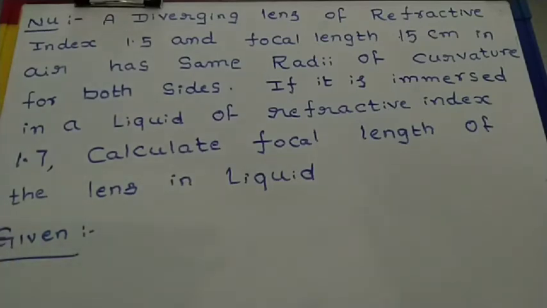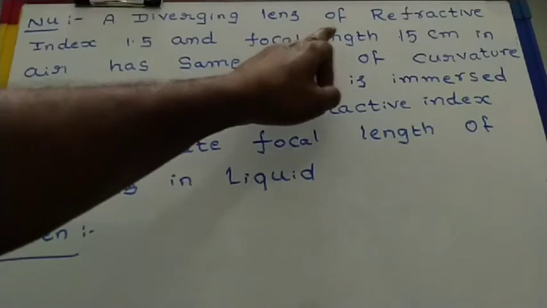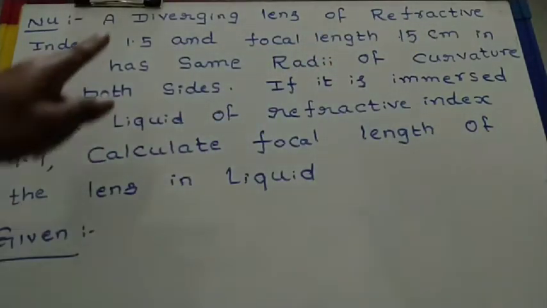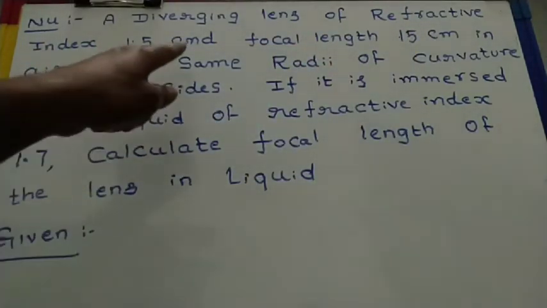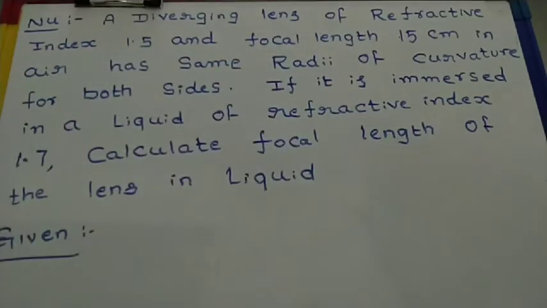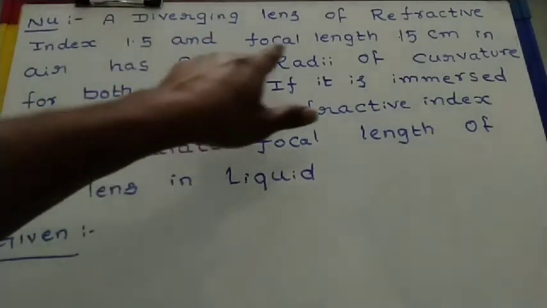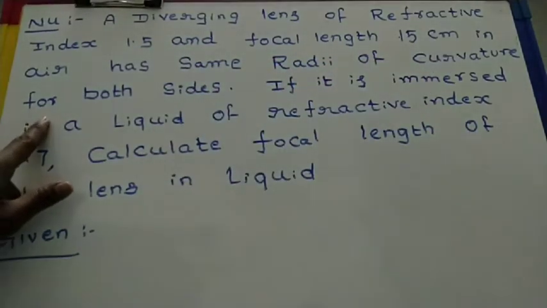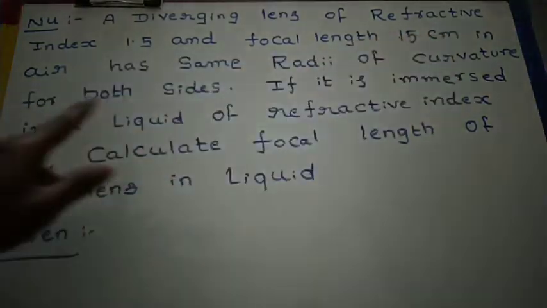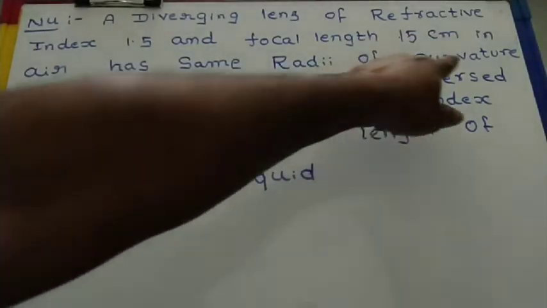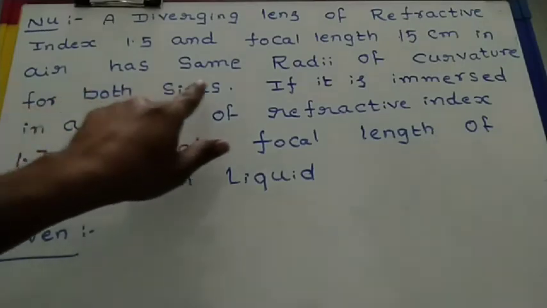Dear students, once again read the question carefully. A diverging lens of refractive index 1.5 and focal length 15 centimeters in air has the same radius of curvature, that means 15 centimeters radius of curvature for both sides.